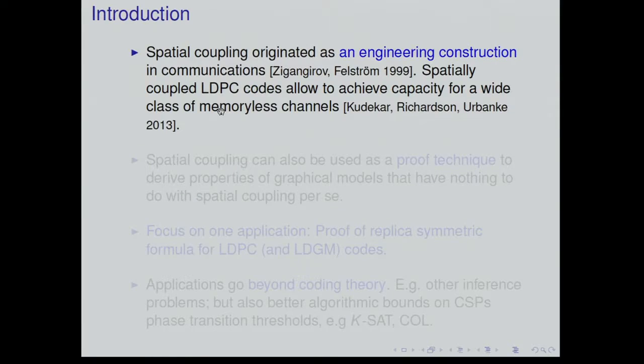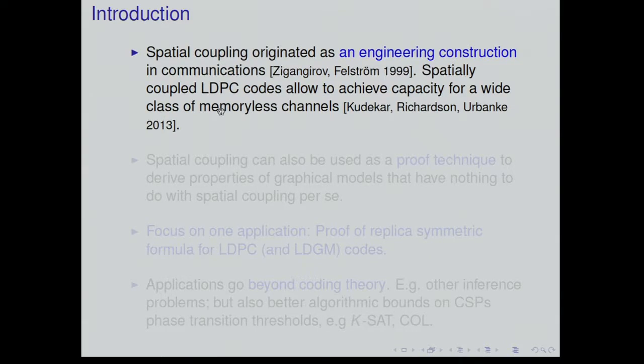Okay, so what is spatial coupling? Spatial coupling originated as an engineering construction in coding theory for building error-correcting codes for communications. And it's quite old from this point of view. I mean, it dates back to 1999. I don't know exactly the history very precisely.